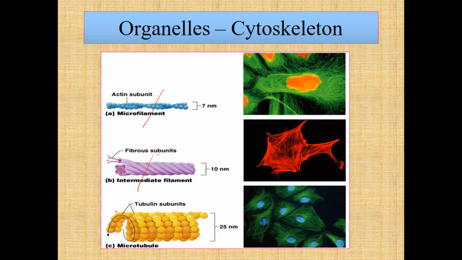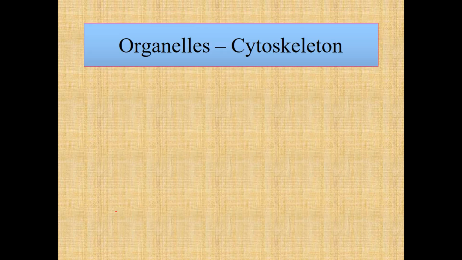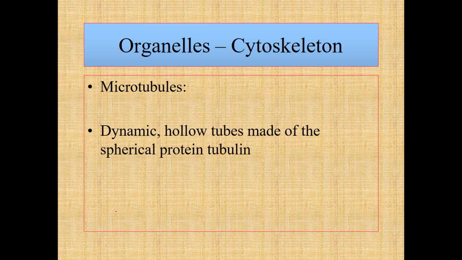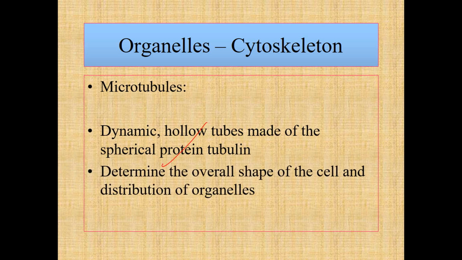Our focus is just going to be on these microtubules. They help determine the overall shape of the cell. Here's the cell membrane, and I made mention of this earlier. Because this membrane is a phospholipid bilayer, these cytoskeletal elements, in this case these microtubules, provide a scaffolding to give support to this membrane.